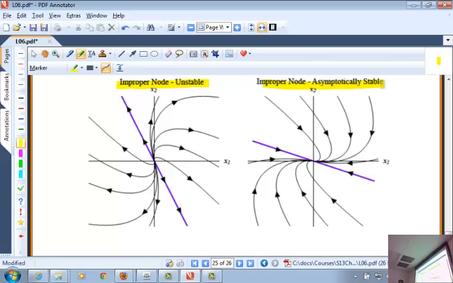It's coming from a 2x2 system. Slow mode is unstable. Like it tries to come to the solution, but then the slow mode diverges.